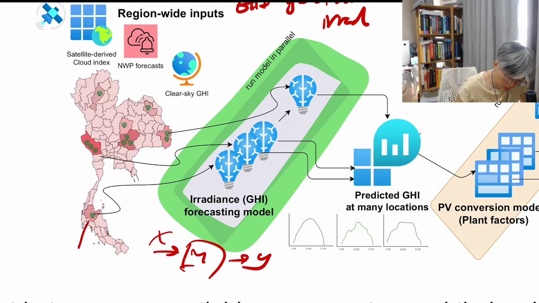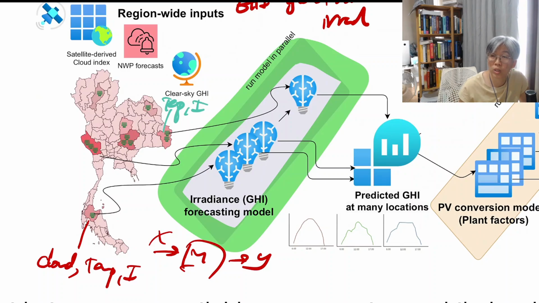Suppose this location has cloud, temperature, and irradiance, but this other location has only temperature and irradiance. If you use a universal model, it cannot take cloud, temperature, and irradiance as the input, because the other location doesn't have one variable, which is cloud.